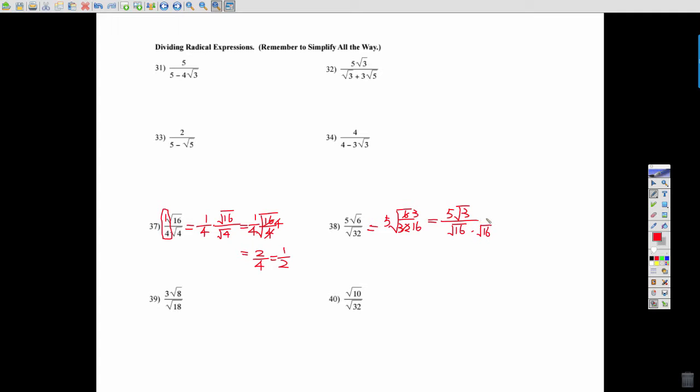And to get rid of the radical, I just need to multiply root 16 over root 16, because this way allows me to take the 16 out. Remember, this is a multiplication. We can simply combine the radicals. I have root 16 squared, therefore 16 comes out. And over here, I have 3 times 16. 3 times 16 is 48.